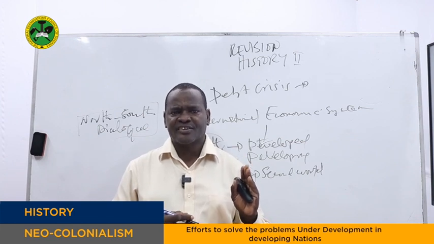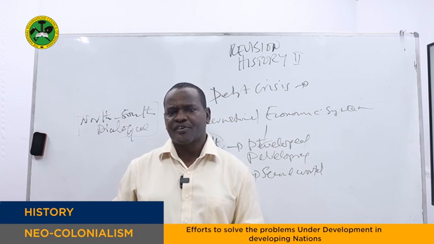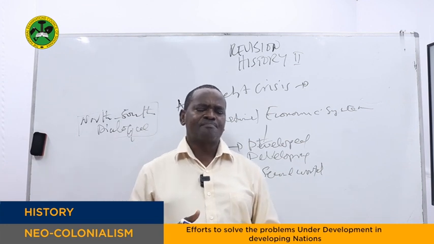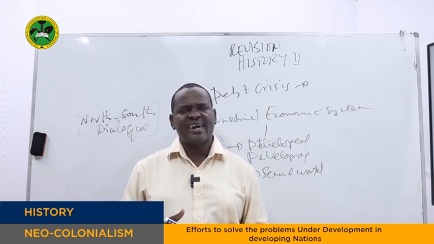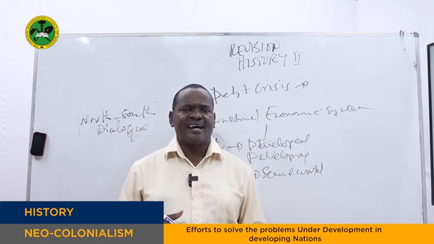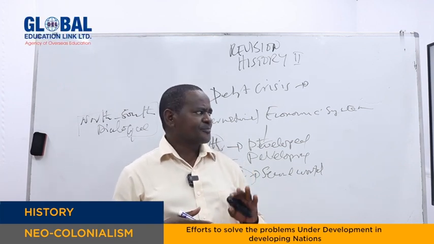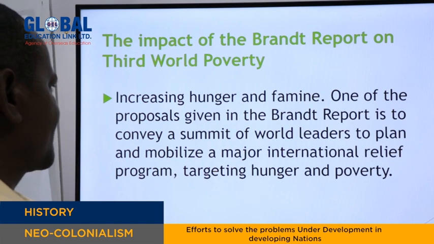But the northern countries should produce industrial goods and supply them to the southern countries. So by concentrating in production of cash crops, it made some countries not to put their effort in production of food. And the result of that was famine among the third world countries. So that is another very important thing.